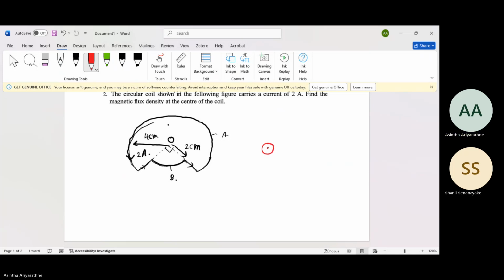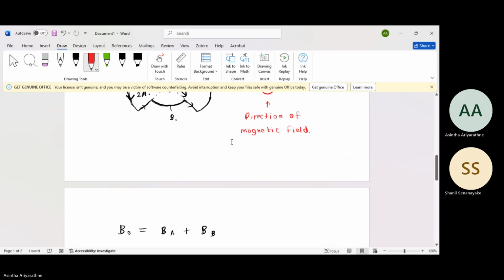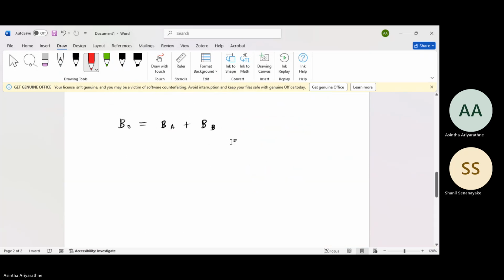So this is the direction of the magnetic field. Total field is BA plus BB.